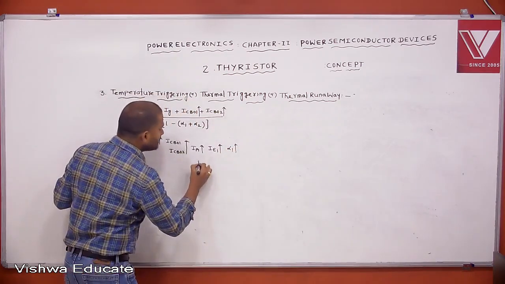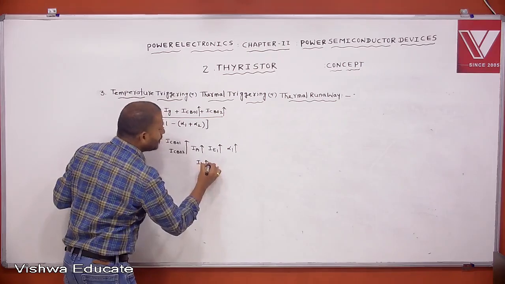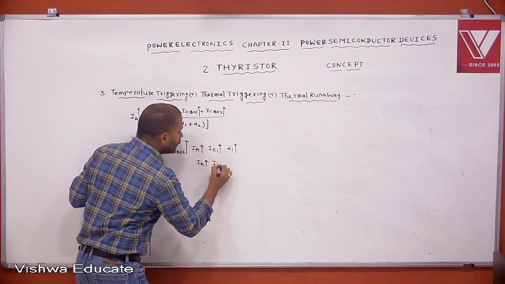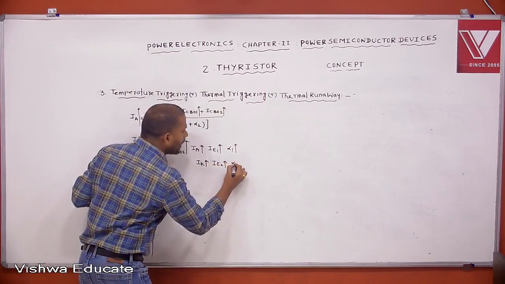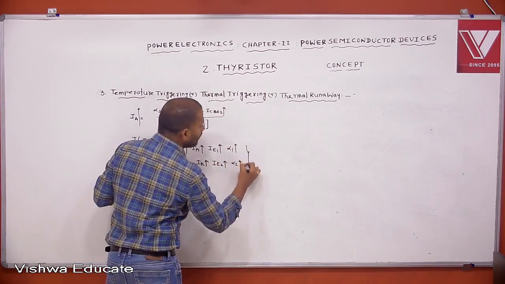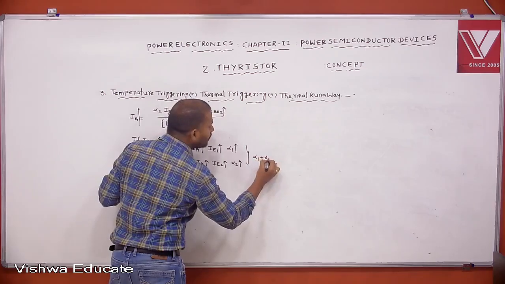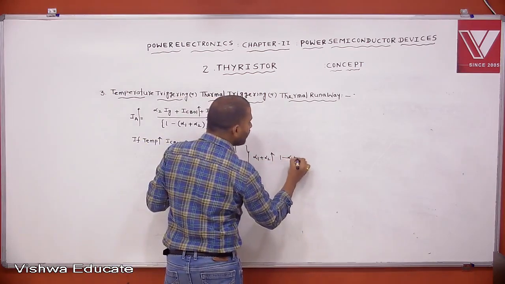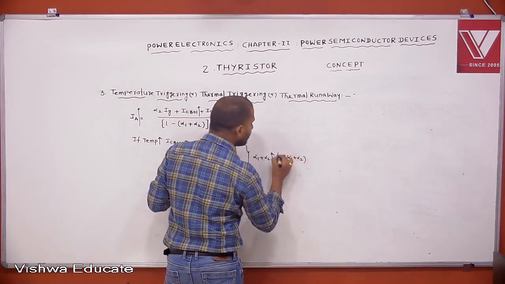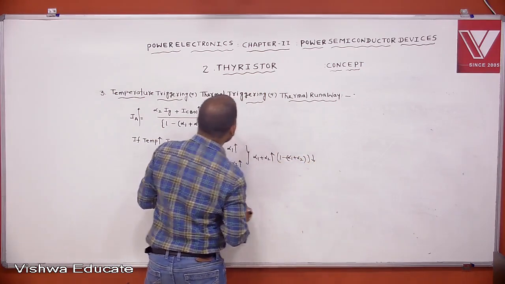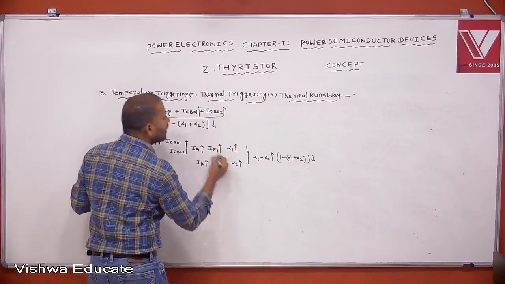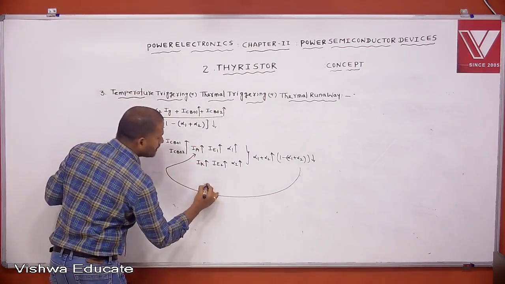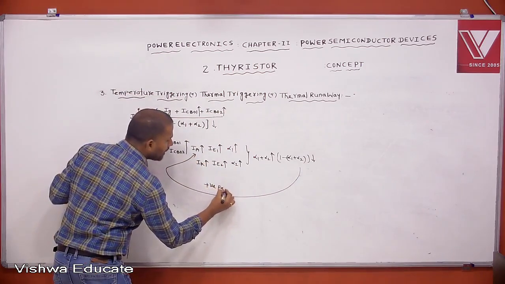IK equals IA plus IG, so IE2 increases, and alpha 2 increases. Then alpha 1 plus alpha 2 increases, so 1 minus (alpha 1 plus alpha 2) decreases, and again IA increases. This is the internal positive feedback action.